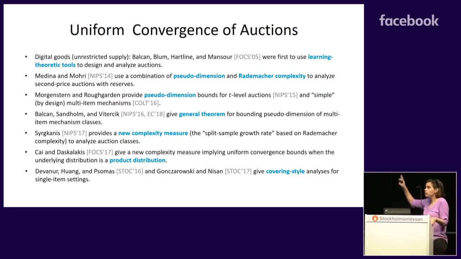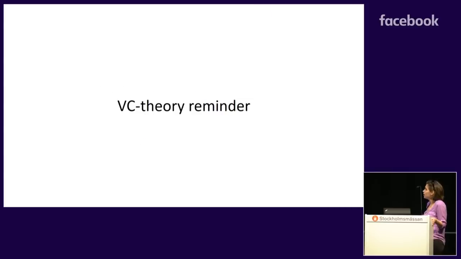Okay, so there is a lot of interesting recent work on the topic. What we're going to do next is give you a high-level, gentle description of some of the results in this EC18 paper. But before doing so, just to make sure that we're on the same page, I'm going to do a quick 5 minute reminder of what VC dimension and pseudo dimension are using pictures.